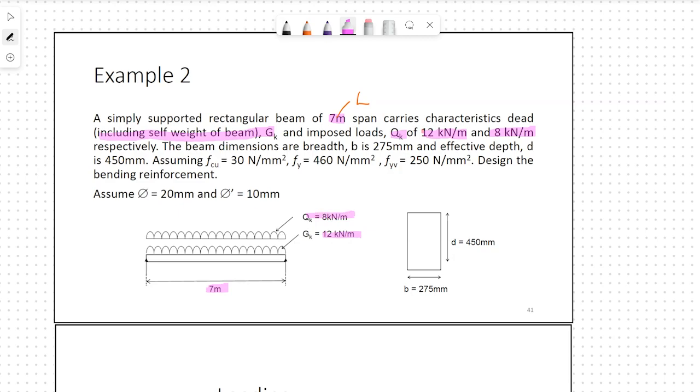The beam dimensions are breadth 275 and the effective depth D is 450.